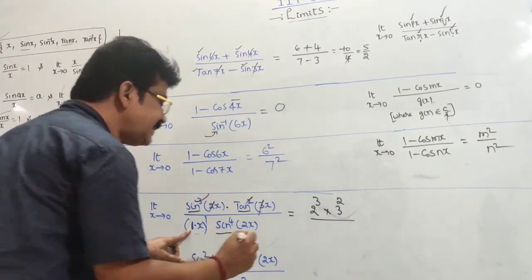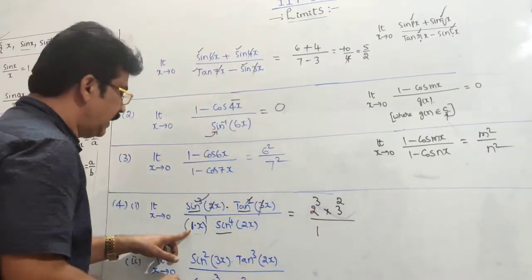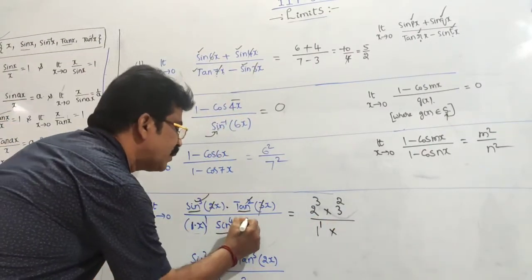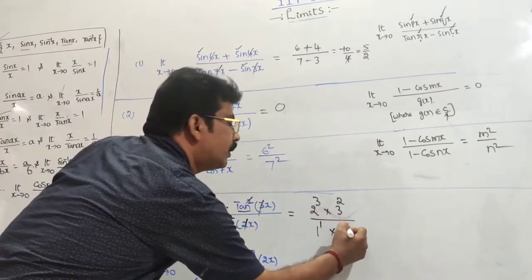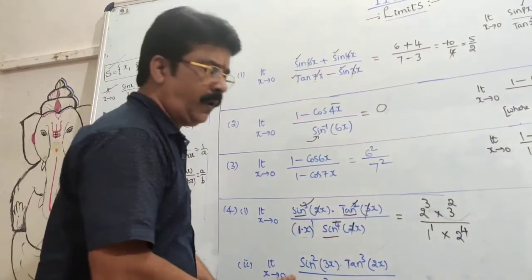So in the shortcut, x coefficient 1, its power 1, into x coefficient 2, its power 4. This is the shortcut. Understand? You can calculate at your home.